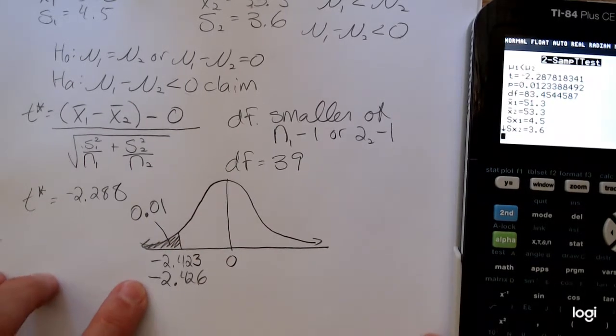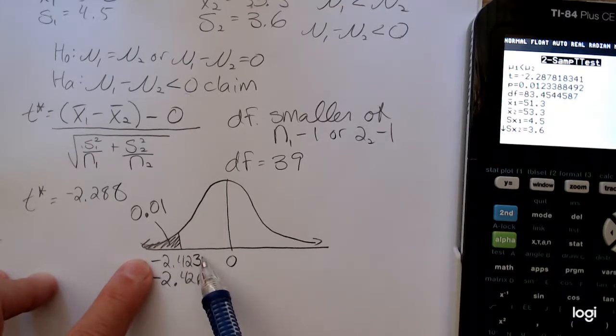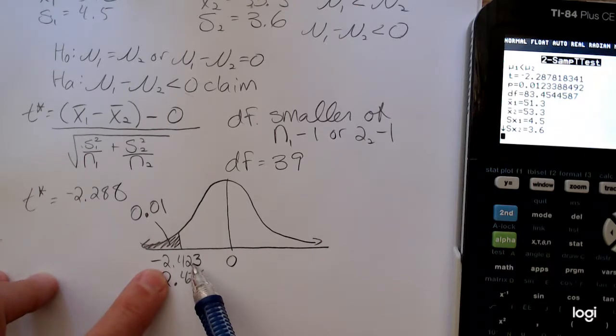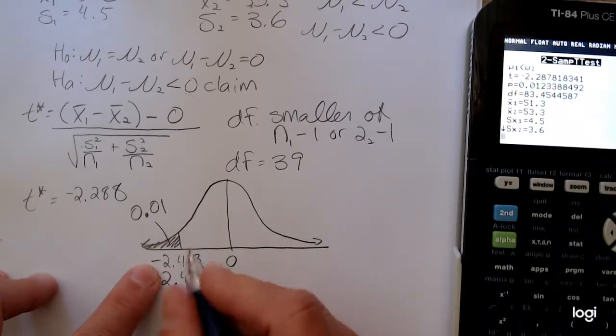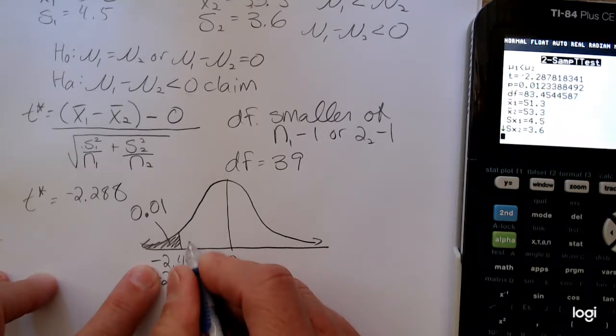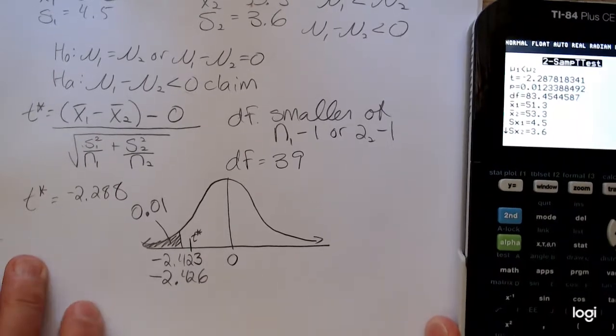So using the critical value method, deciding where it's placed, negative 2.288 is very close to our critical value, but it is not further to the left in the rejection region, but it's close. Okay, so the test statistic is about here. So using a level of significance of 0.01, the decision is to fail to reject the null.